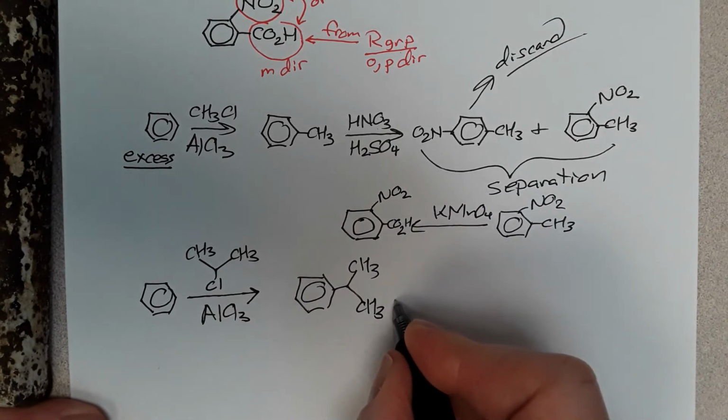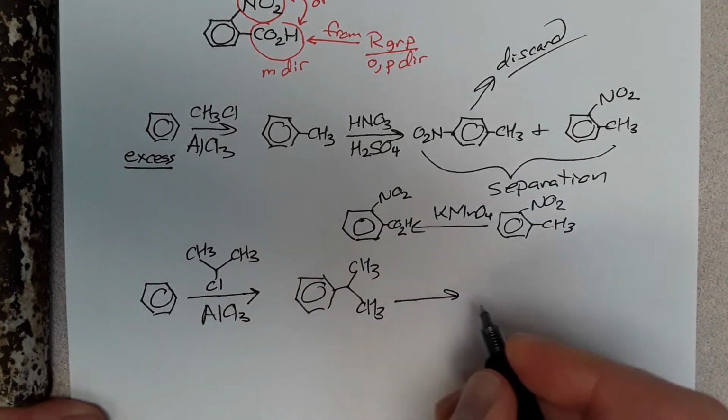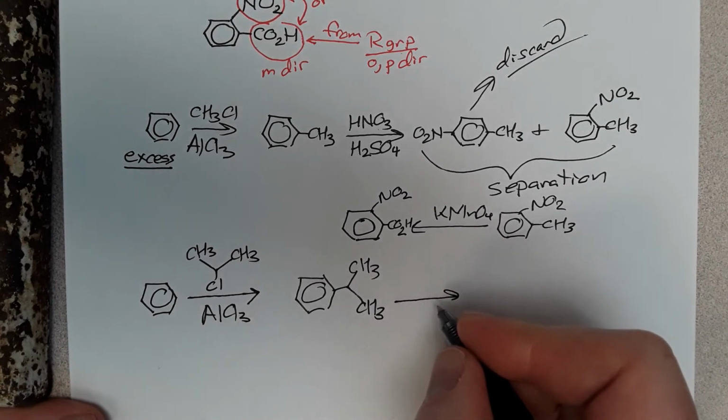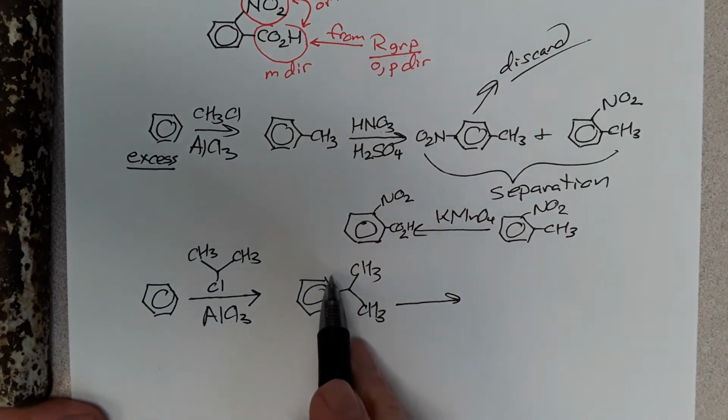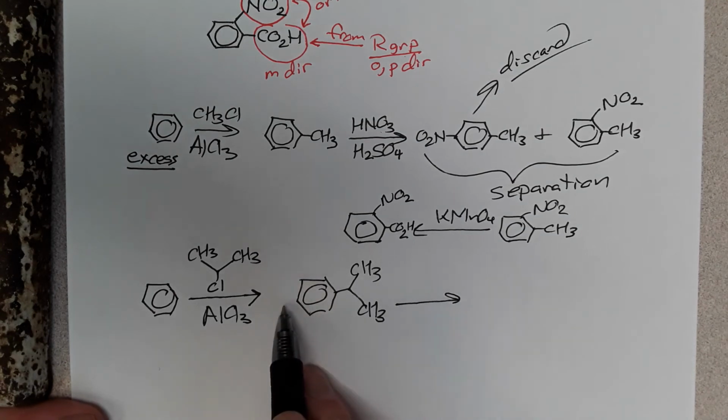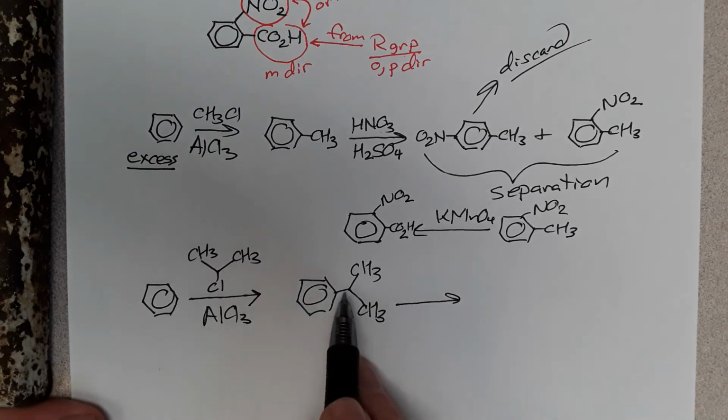So then when we go to add our nitro group, that nitro group would not add in this ortho position, it would be adding in the para position, and we'd only get para. Then we could convert this to a carboxylic acid. But we don't want only para, we want only ortho.